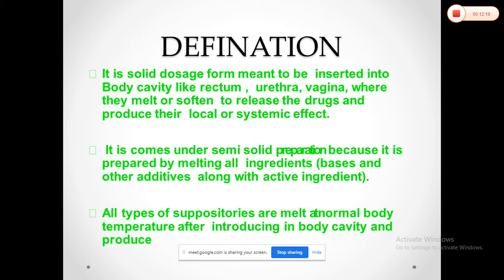The action, meaning the release of medicament, depends upon how the base melts first and how we deliver the medicament into the body. Basically, a drug may be administered in suppository form for either local action or systemic effects. These actions depend on the nature of the drug, its concentration, and the rate of absorption.